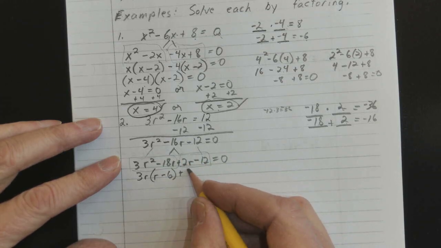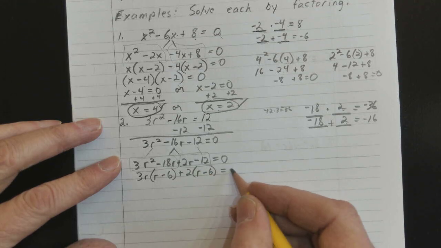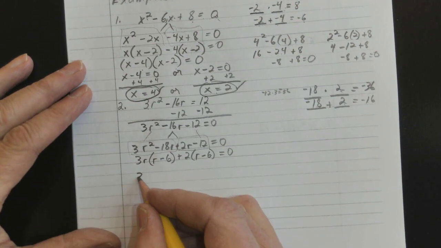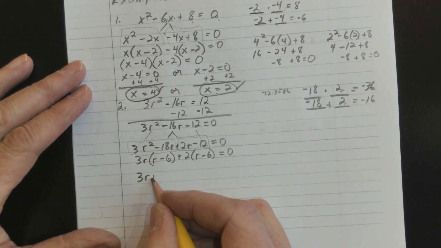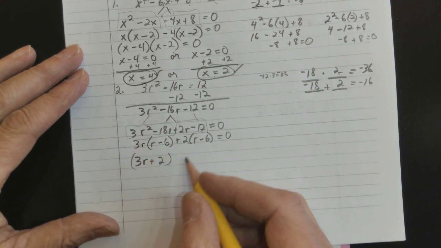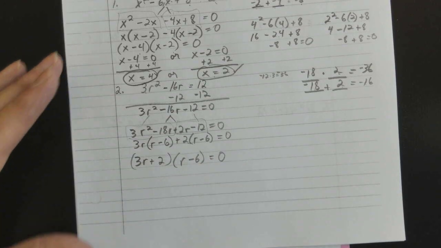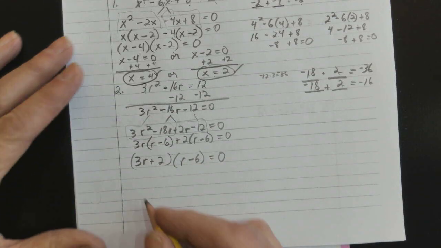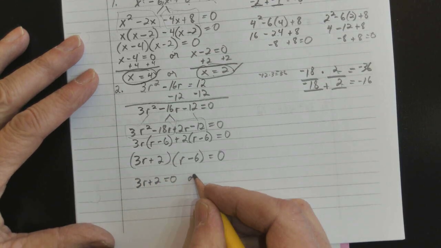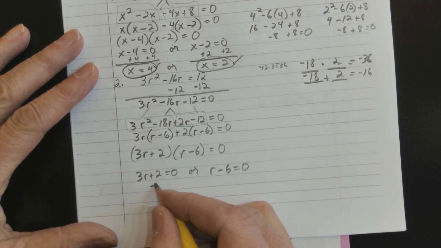GCF here of 2, and that's r minus 6 there, equals 0. So 3r plus 2 is the GCFs. R minus 6 is the common factor, equals 0. We solve 3r plus 2 equals 0, and we solve r minus 6 equals 0.